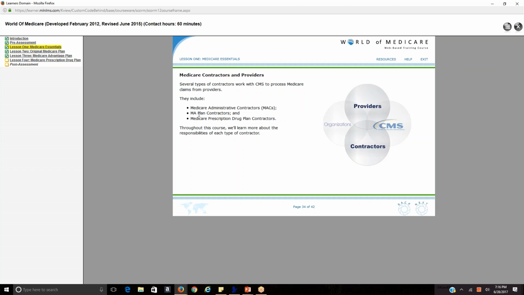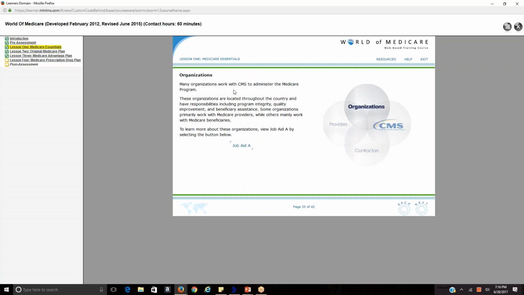And there are different types of contractors. You have the MACs, which administer the Part A and B services, the MA plan contractors, which are your Part C or Medicare replacement, and your Medicare prescription drug contractors. Many organizations will work with CMS to administer the Medicare program, and they're located throughout the country. Some organizations primarily work with the providers, while others will work with Medicare beneficiaries.